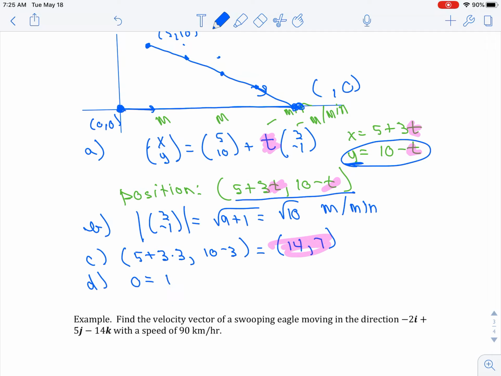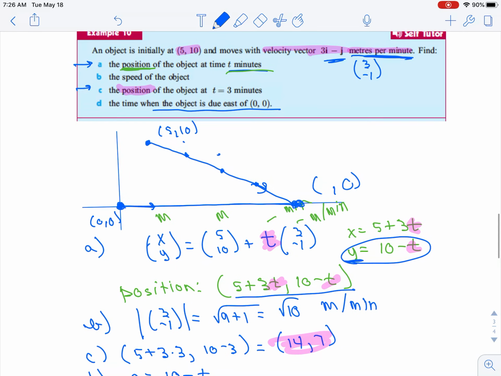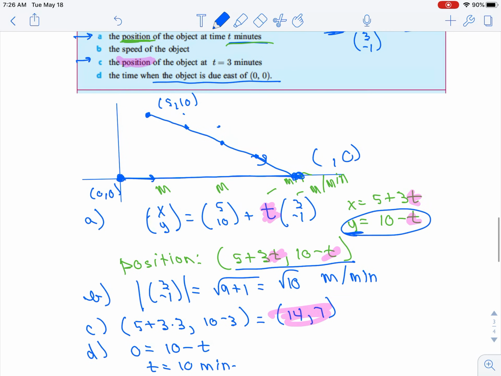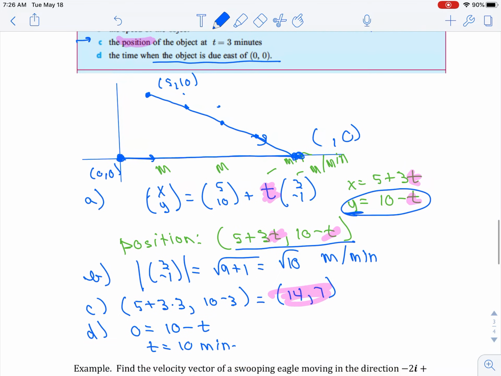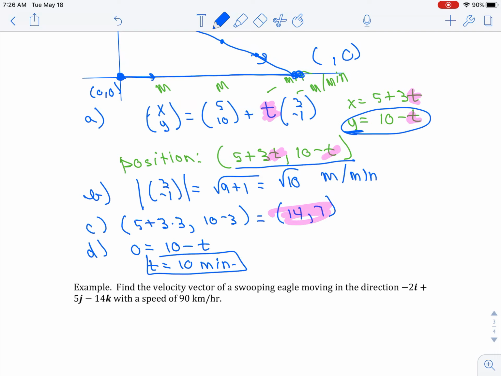So 0 is equal to 10 minus t, and adding t to both sides, t is going to be 10. That is in minutes, so the object is due east at 10 minutes.